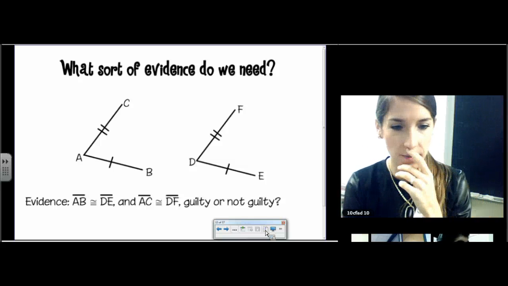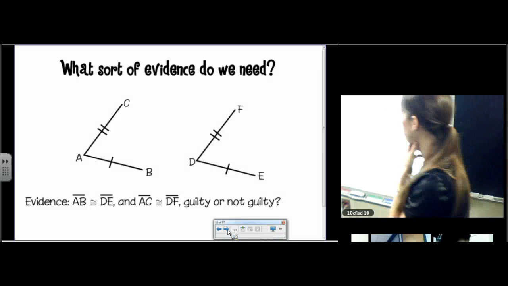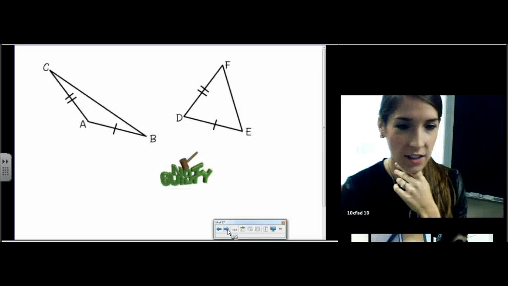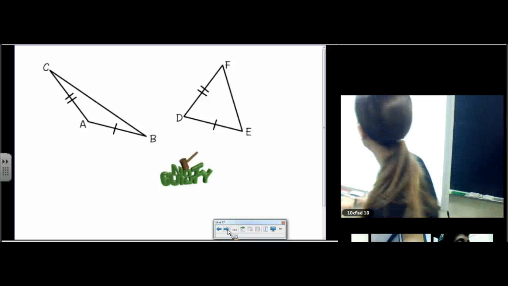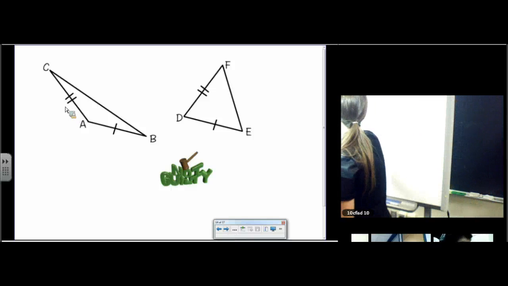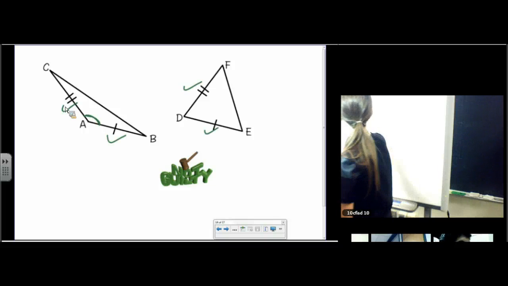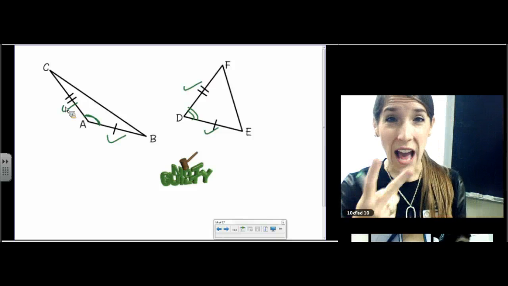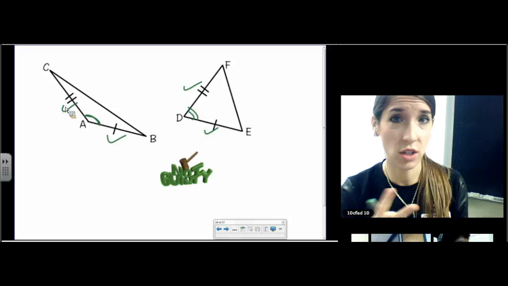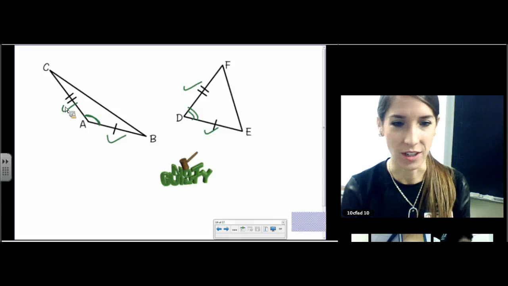Could it pivot? Not guilty. Look at that. There's 2 triangles. 2 of the sides are congruent. Look, this one matches, but oh no, the angles are completely different. So those 2 triangles are not guilty. So 2 sides alone, just 2 sides, not enough information.